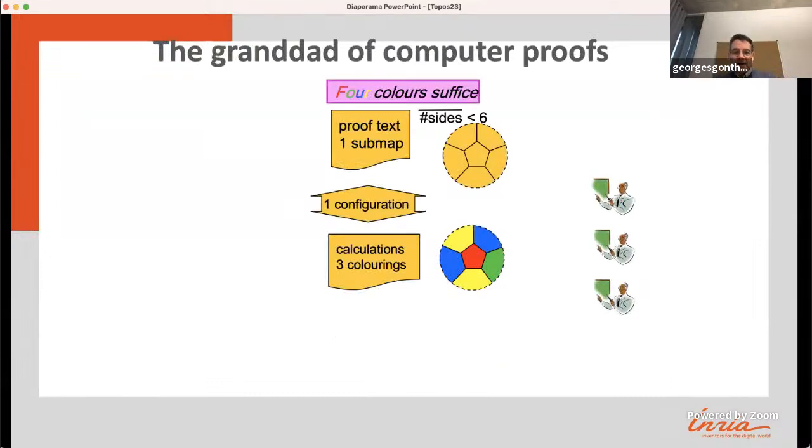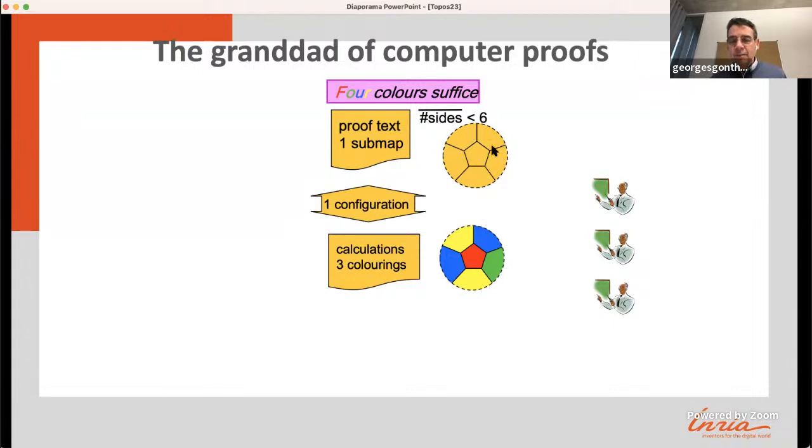So I'll start with the granddad of computer proofs, which is the four-color theorem. Any planar map can be colored in four colors in such a way that adjacent regions don't have the same color. The way the proof works is you use the Euler theorem to figure out that the average number of sides of a region is less than 6. So you look at an area of the map where the average is lower than 6. You pick a specific configuration.